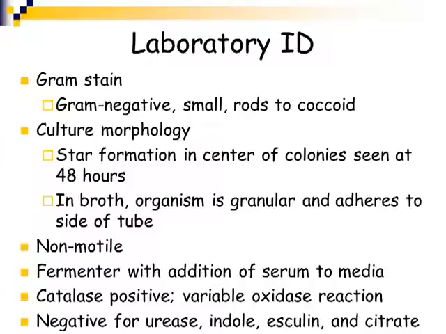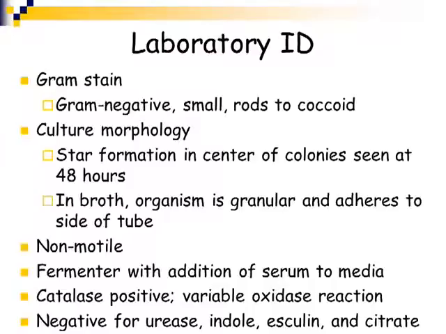If you shake the broth, it looks like granules in it, and it adheres to the sides of the tubes. It is non-motile. It is a fermenter if you add serum to the media, so it requires serum to ferment carbohydrates. It's catalase positive. It also has a variable oxidase, and it is negative for urease, indole, esculin, and citrate.